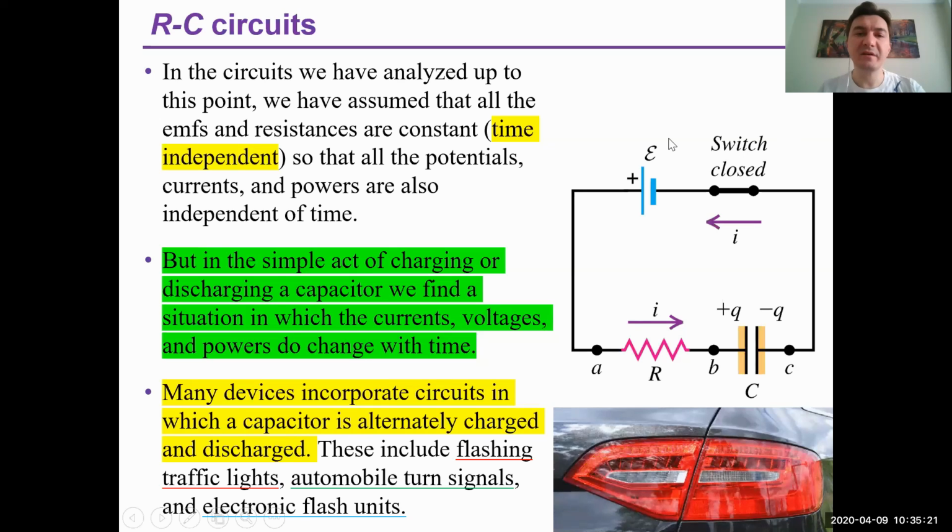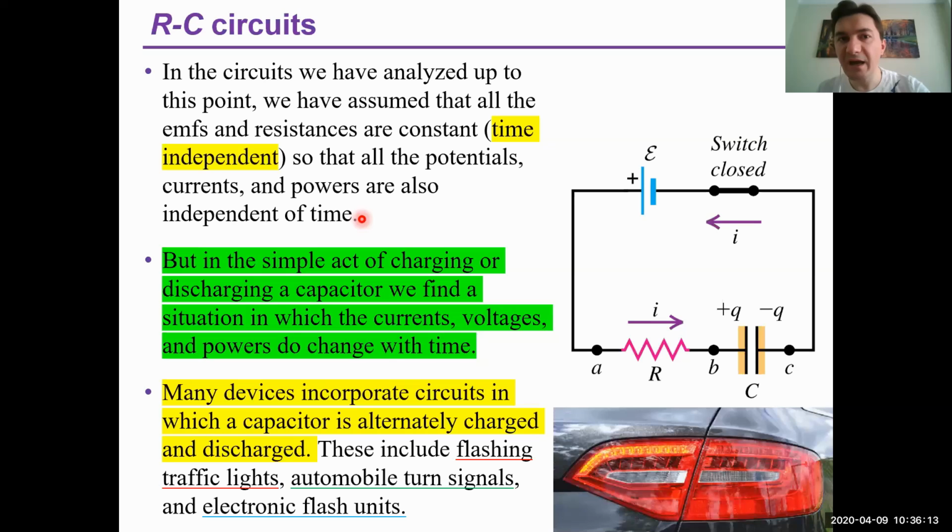So what we have seen up to that part of our lecture is that we have assumed that all the EMFs and resistances are constant, so they are not changing with time. We have considered that potentials, currents, and powers are independent of time.